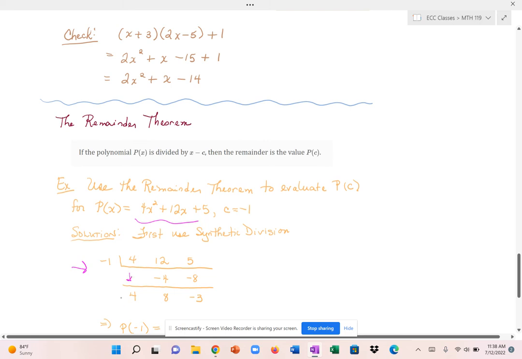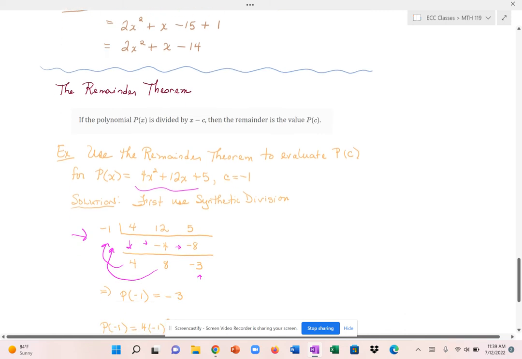Copy down the 4, multiply 4 times negative 1, I get negative 4. Add the 12 and negative 4, and I get 8. 8 times negative 1 is negative 8. 5 plus negative 8 is negative 3. Negative 3 is my remainder. So what that means is that p of negative 1 equals negative 3.